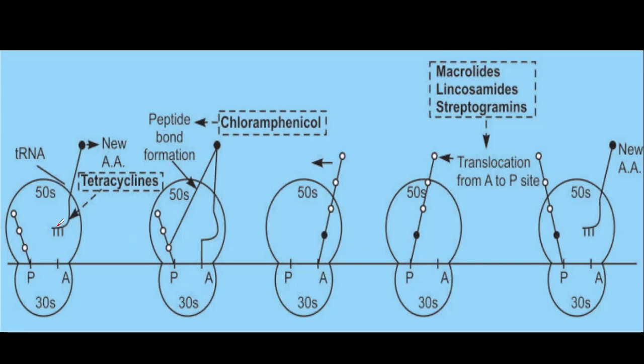Now, here you can see what happens: a new amino acid attached to a transfer RNA will come and bind to the A site. Once it binds to the A site, a peptide bond will be formed. Now the new peptide chain will be attached to the A site, so that we can continue.